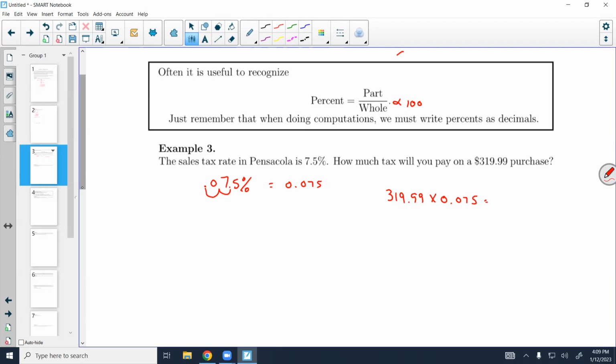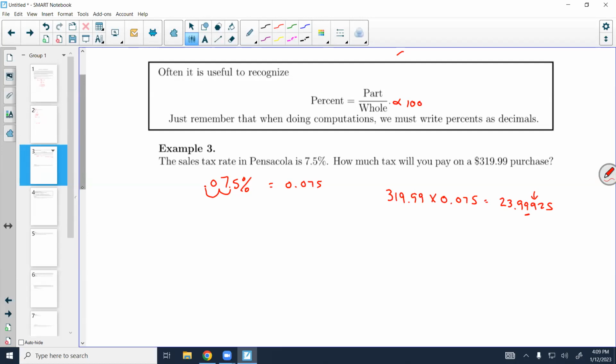And we get 23.99925. Now we're talking money here, so 2 decimal places. So I want to round to this decimal place. So I look to the next digit to the right. If it's 5 or more, I round up.